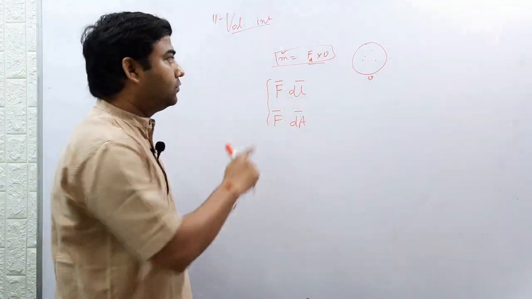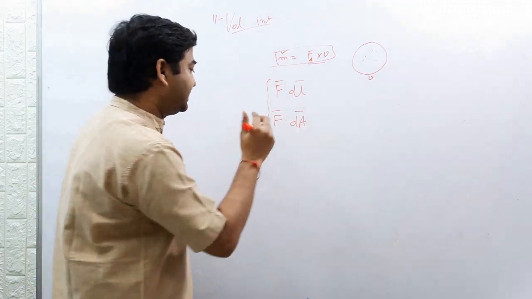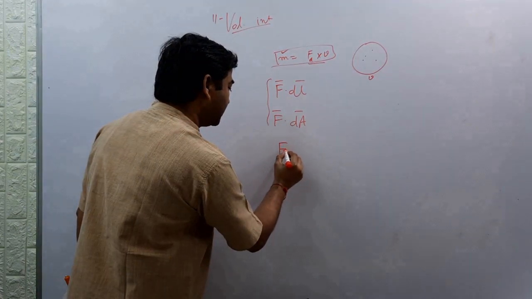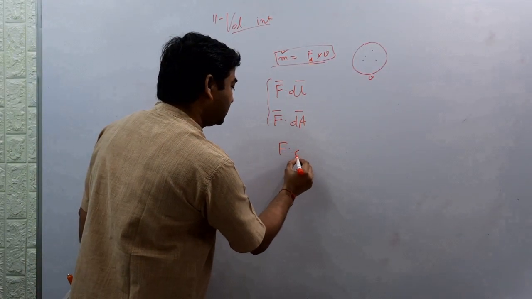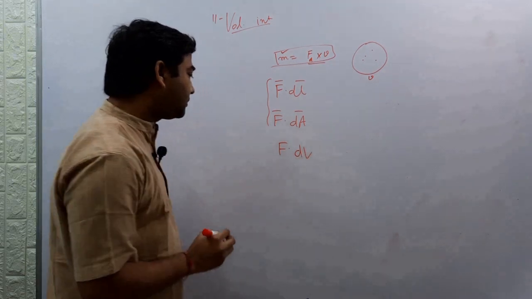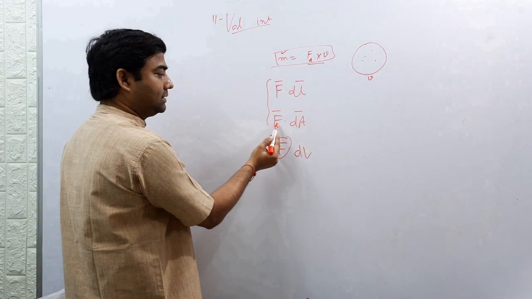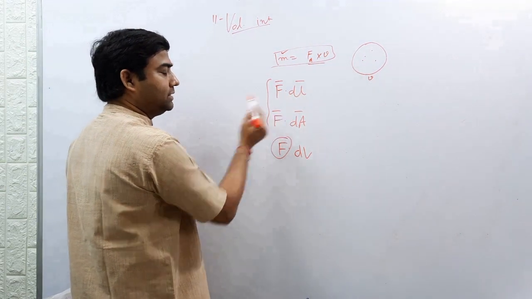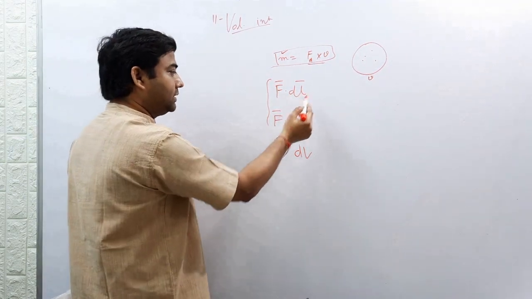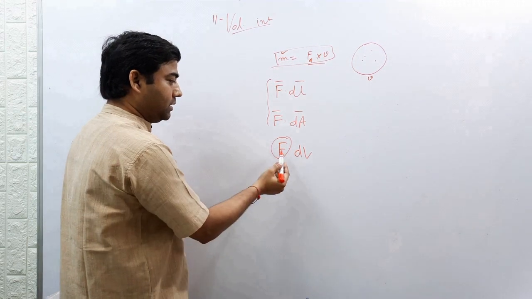Unlike this, volume integration is carried out for the scalar function f dv. In volume integration, f is scalar, unlike the vector function in line integration and surface integration.